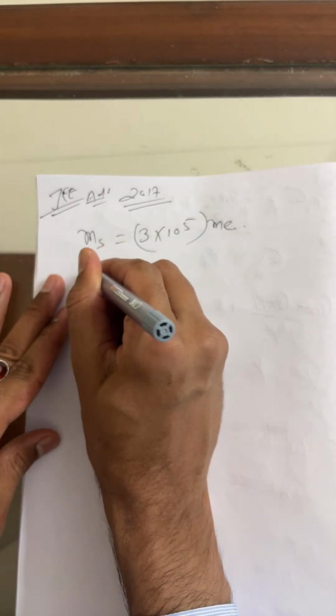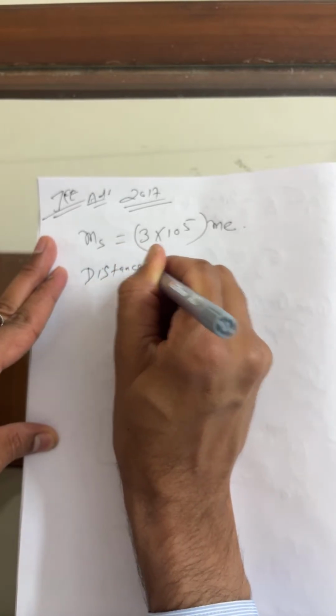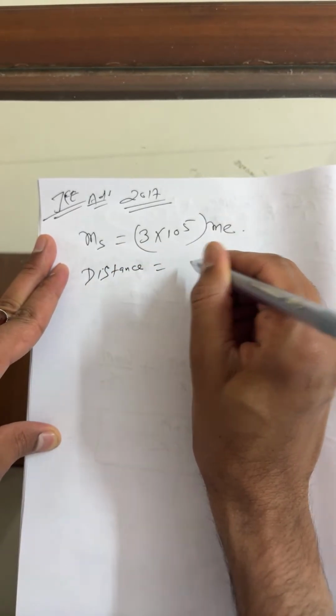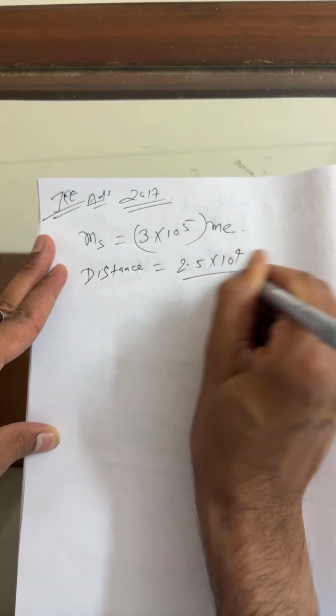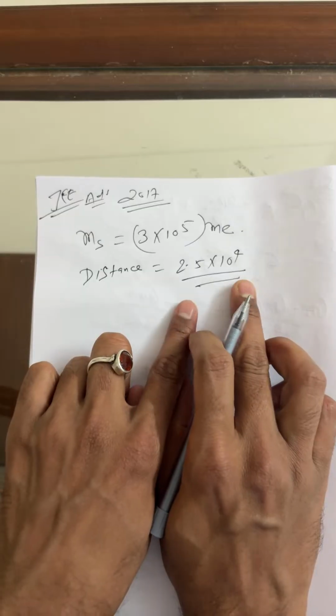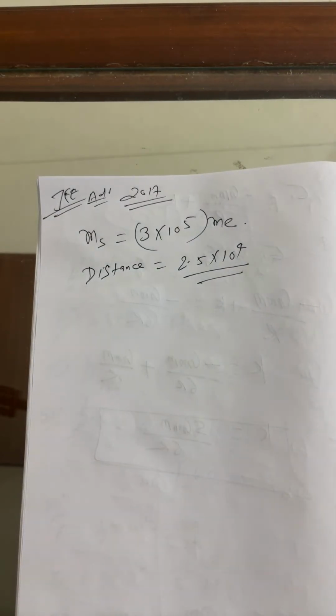And the distance is larger than the radius of Earth, mentioned as 2.5 into 10 to the power 4 times the radius of Earth.